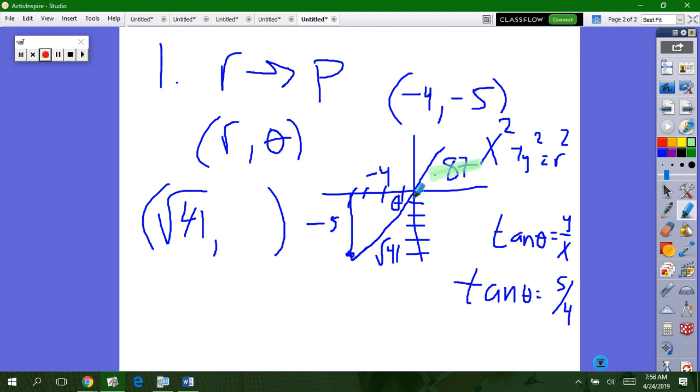No. So therefore, I got to use this, this right here is 0.87. And then that means that we're pi plus 0.87, so 3.14 plus 0.87, which is 4.01. And that would be where it's located.